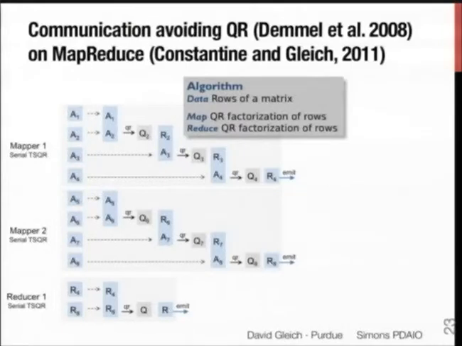This n squared is a free way of looking at the world, and the same thing for updating all of these. Between mappers, we just compute a QR within each mapper, and then in the reducer, we send all of our small matrices R back to one computer and have that computer compute a single QR factorization. So we're just taking that reduction tree and looking at it on MapReduce.